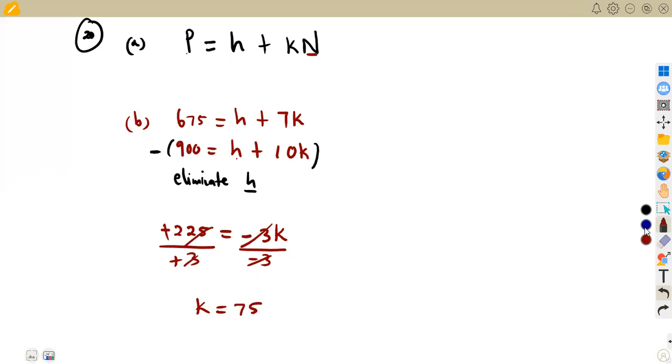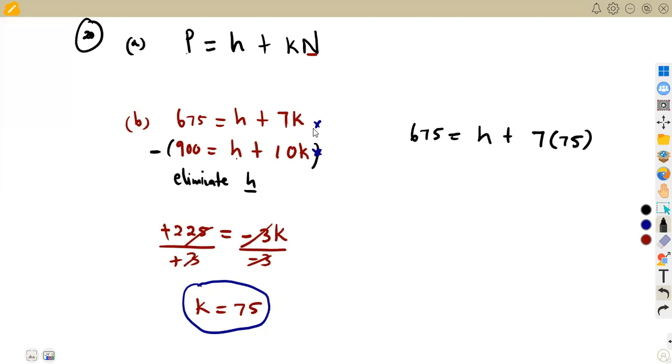So now with the value of K, we can substitute into any of these two equations to find the value of H. I'm going to take the first equation, where we've got 675 is equal to H plus 7K, but we now have the value of K, which is 75. So we substitute 75 in place of K. That's 675 is equal to H plus 7 times 75. You're going to obtain 525.